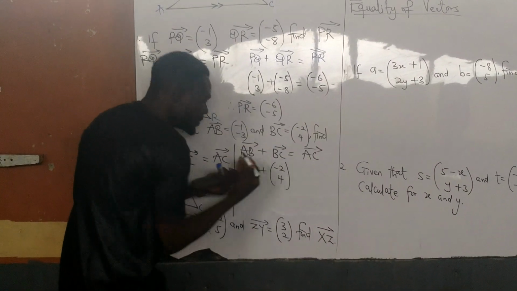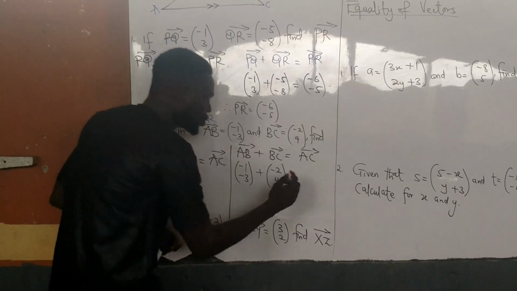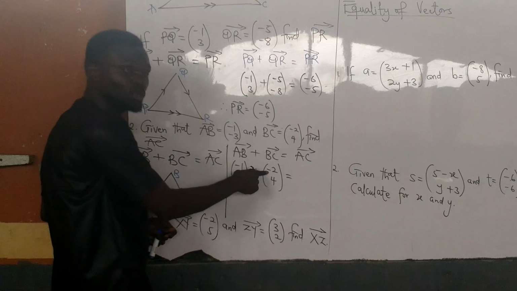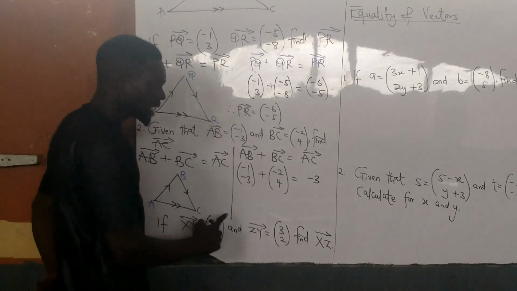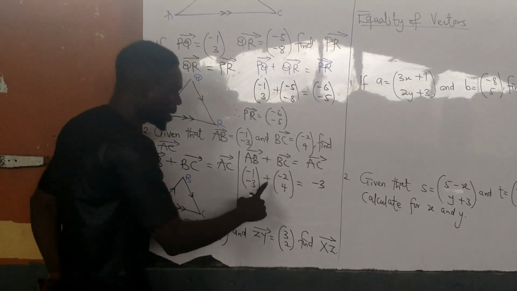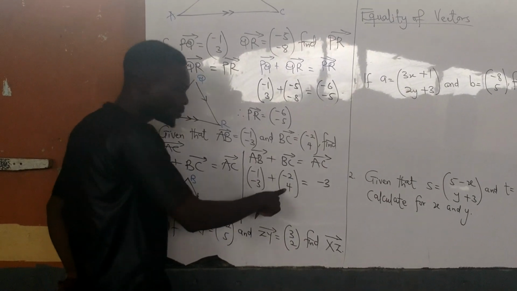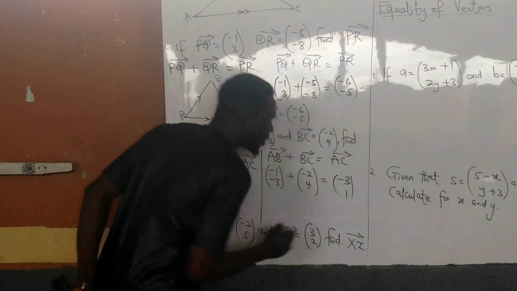So if we sum these two together, it gives us vector AC. So negative 1 plus negative 2, what do we get there? You get negative 3. Then negative 3 plus 4. Negative 3, you owe, positive 4, you have, you will settle, you have 1 as our answer.